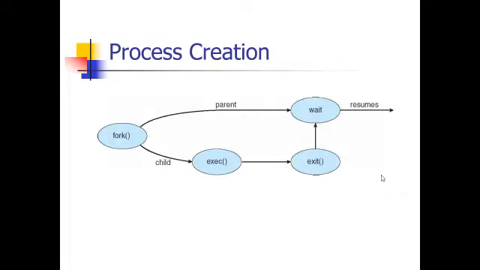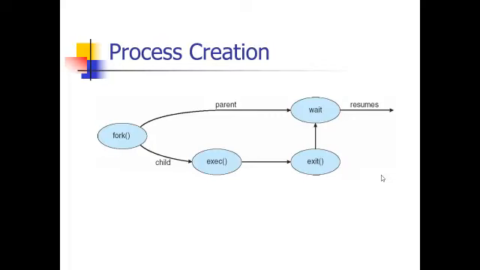So this is how a child process is created. First the parent is created, and then we can create the child process. Without a parent process, the operating system cannot create a child process. Sometimes a single parent process can create multiple child processes as well.